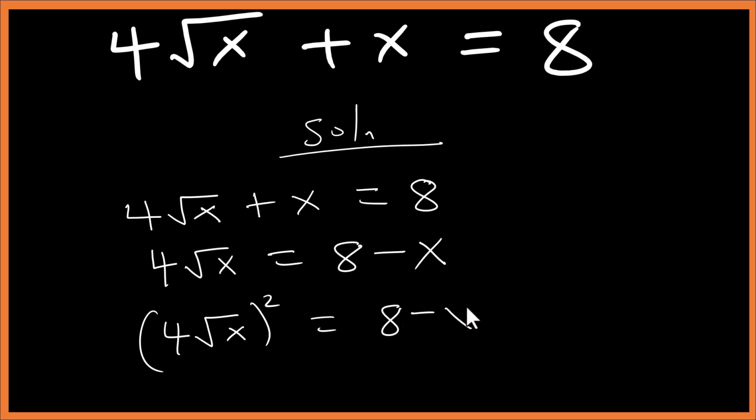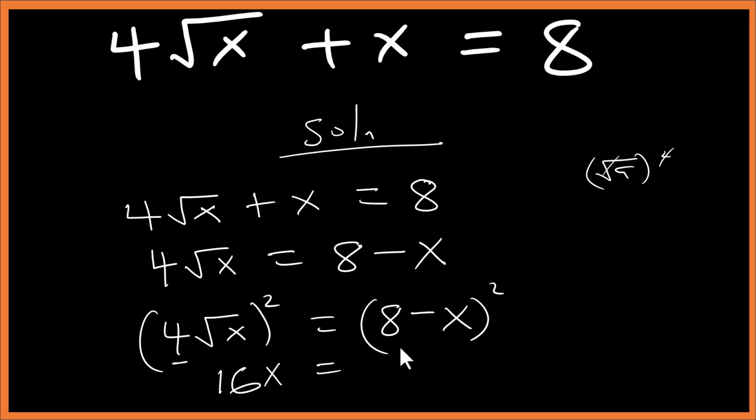8 minus x all squared. If I square this, it will affect this, that will be 16, and also affect this one. The square root of a all squared is a, so we have x.